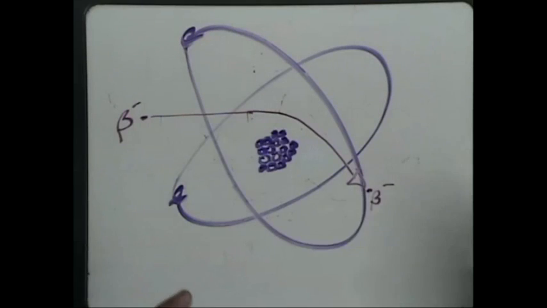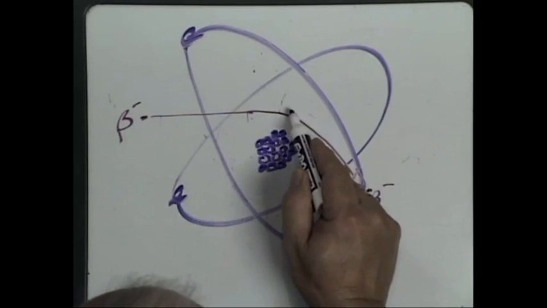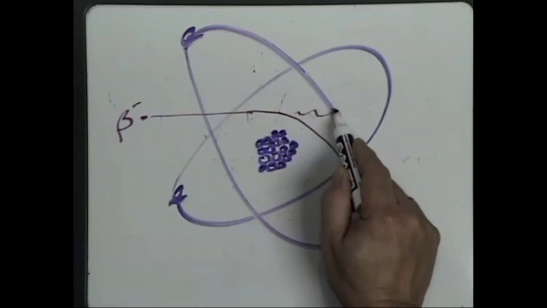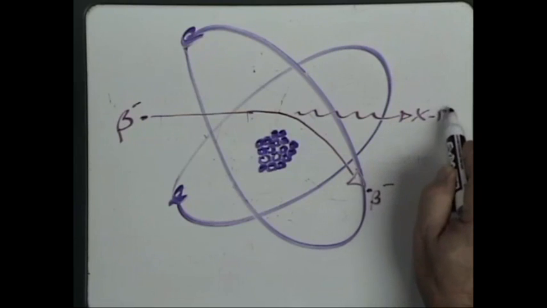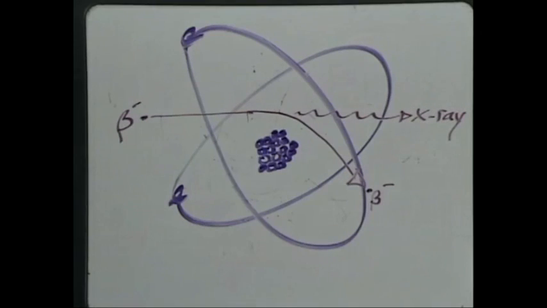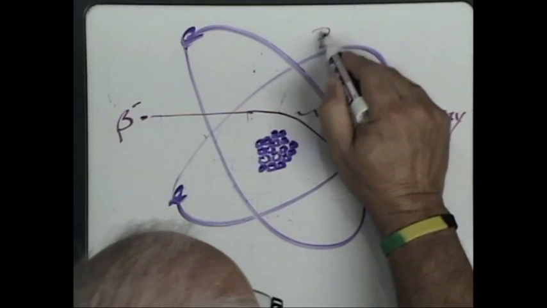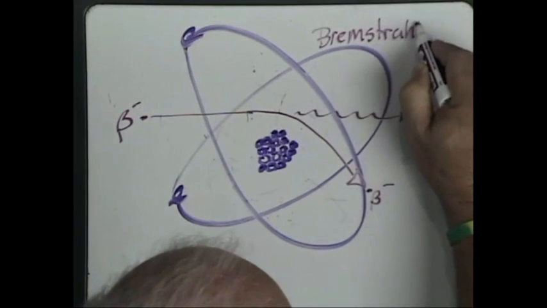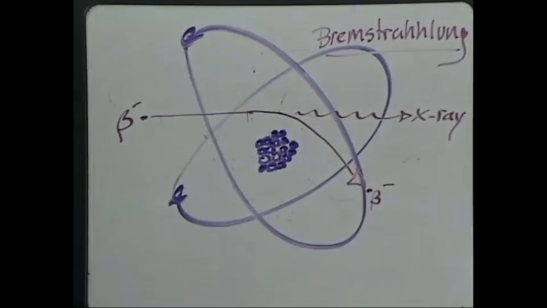Now, we must maintain, again, the balance of energy, and the way that is accomplished is at the point after it starts braking, slowing down, it will emit a low energy X-ray. That low energy X-ray is referred to as bremsstrahlung. And as you might surmise, that is German.